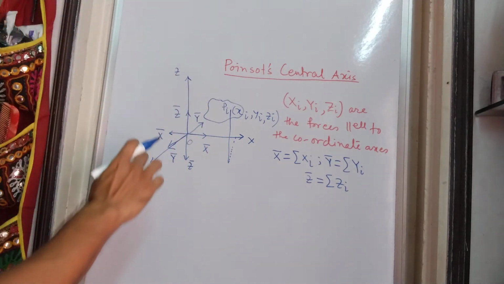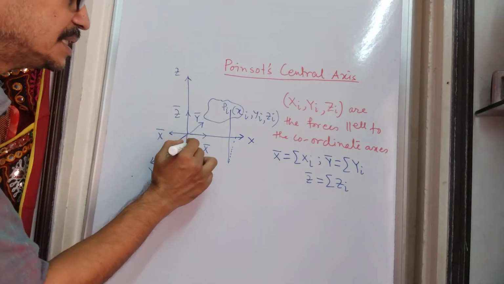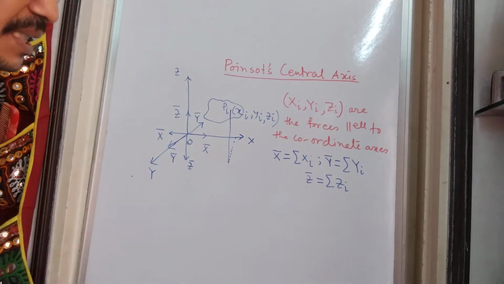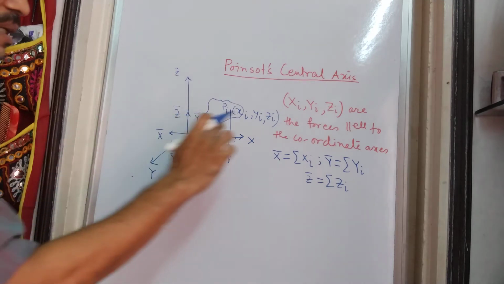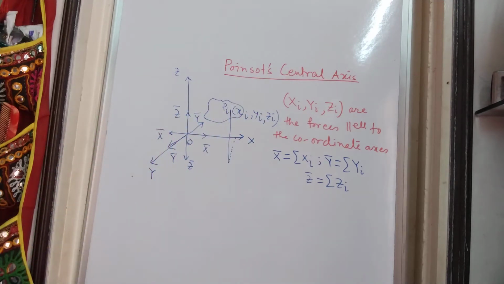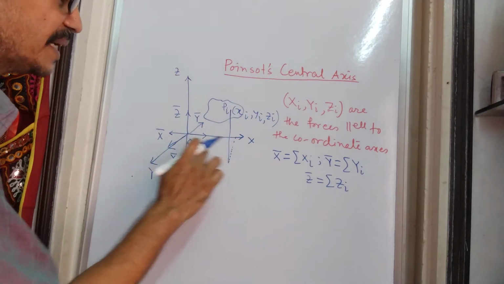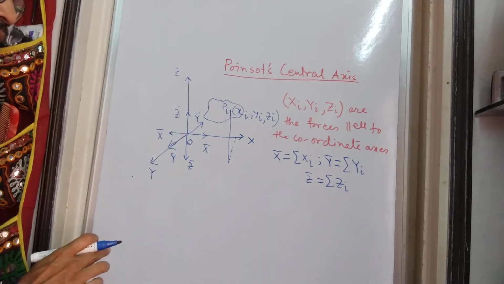So obviously the net effect at the origin is 0, because they are equal and opposite and acting along the axis of x, axis of y and axis of z.